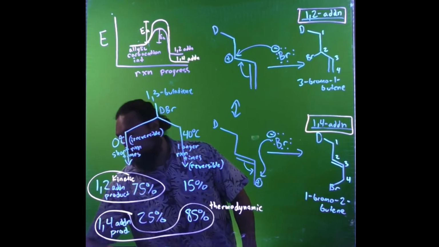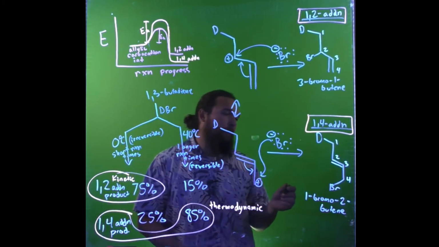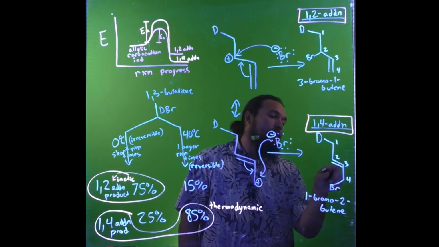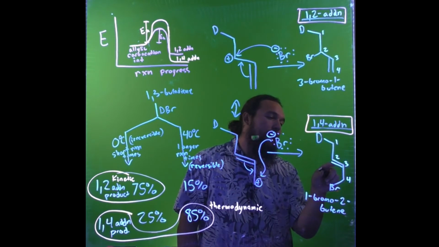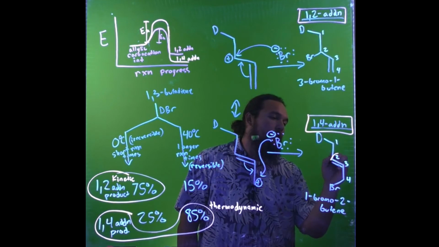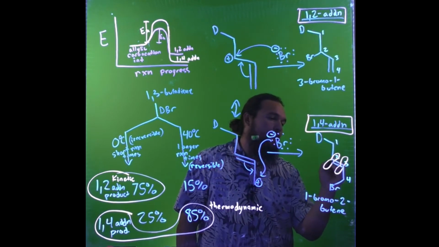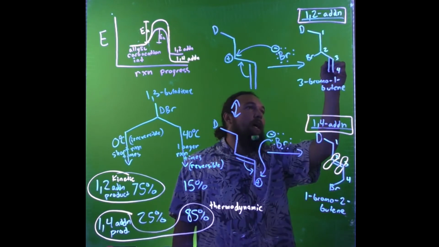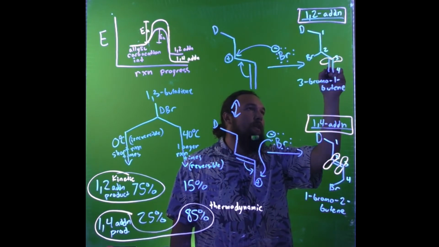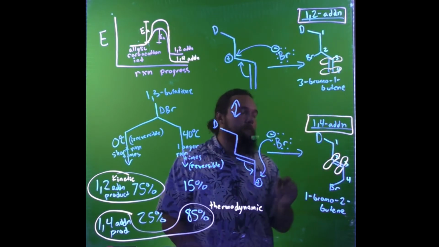Basically, to give you a little lesson on hyperconjugation, we can think of these pi electrons. We have pi bonds that are interacting in this way over here, and pi bonds that are interacting over here.